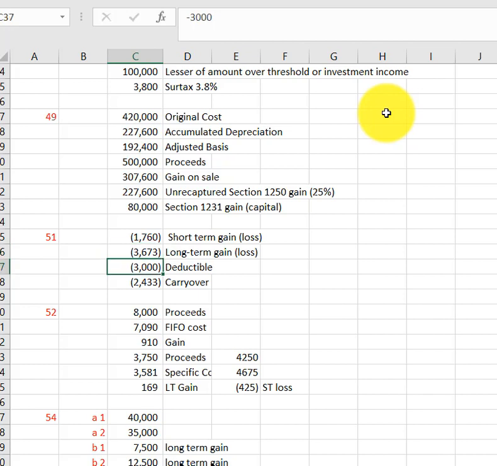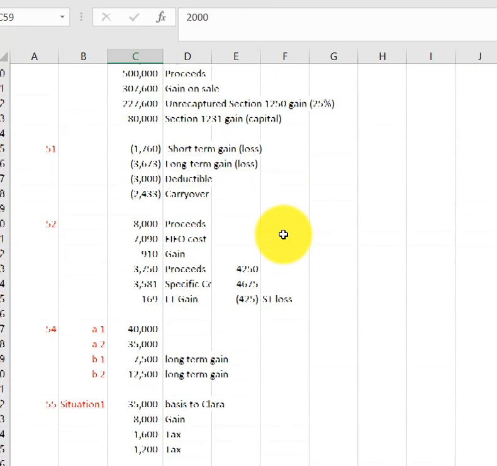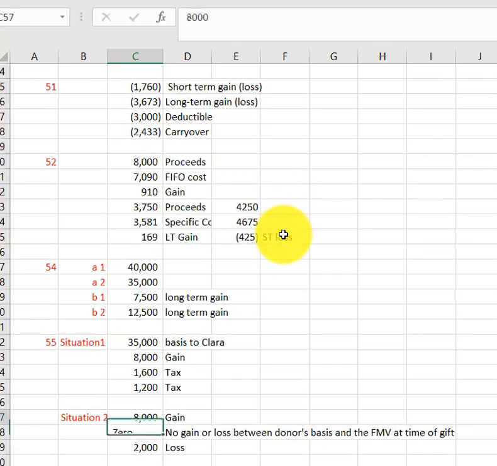We can only deduct 3,000. The remaining amount, these two added together minus the amount that's deductible, would be carried over to future years. And again, that's for as long as you need to, even up to death in terms of carrying forward those losses. $3,000 a year for as long as it takes.